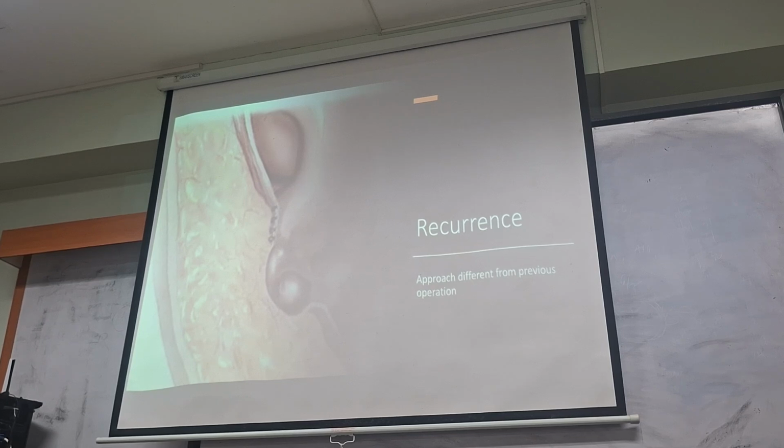So there's going to be a lot of scarring, and you will not be able to identify the structures in the area. So you might end up resecting the nerves, maybe even resecting the bladder. That can happen. That's why the best thing is to do a different approach. So your initial repair was anterior, recurrence happened, then you do a posterior approach.